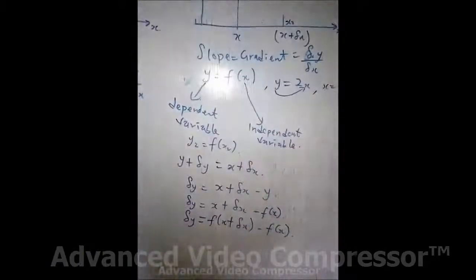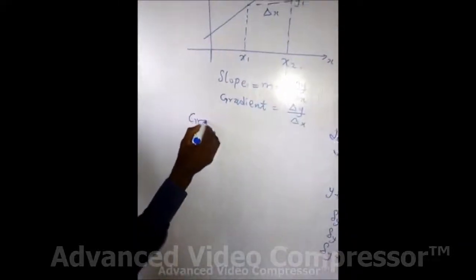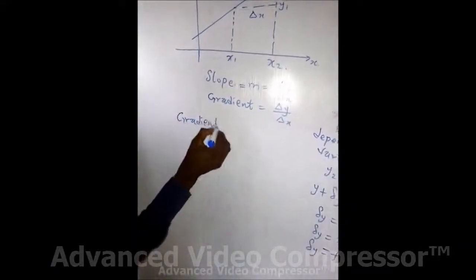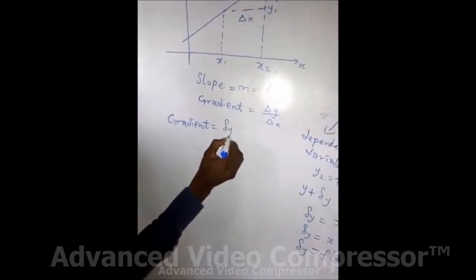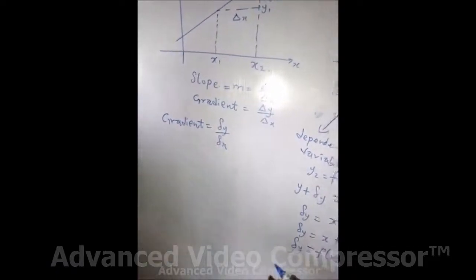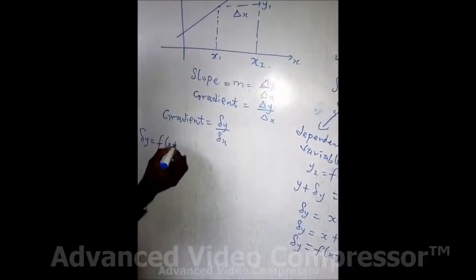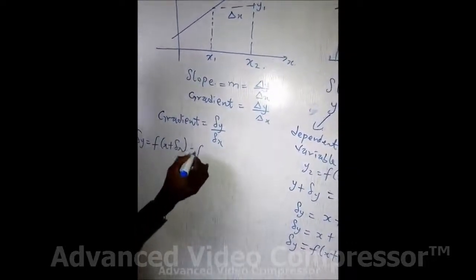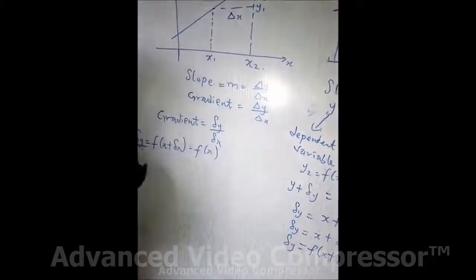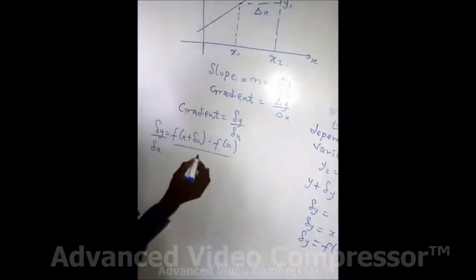Now talking about gradient, we know that gradient is equal to change in y all over change in x. Applying that here, we have change in y to be equal to f of x plus change in x minus f of x, all over change in x.